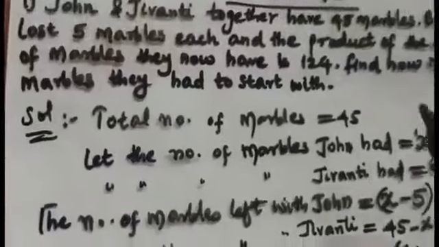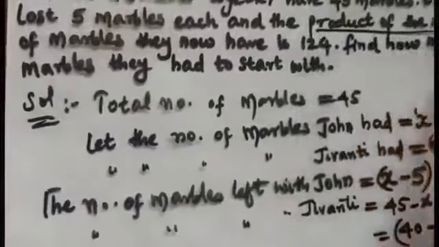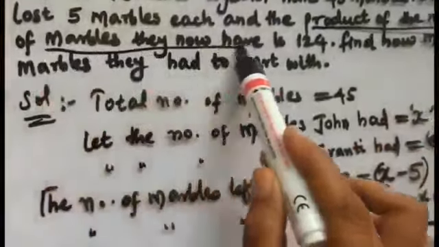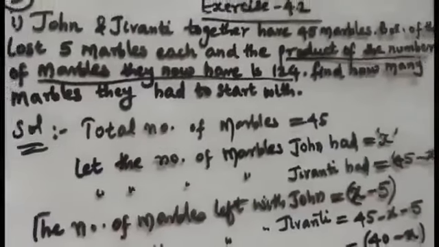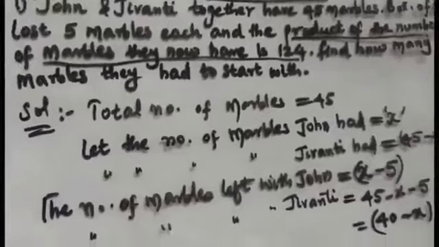Now as per the question, there is a condition given. What condition has he given? I am underlining here: the product of the marbles they now have is 124. You have to analyze the question to grab the information.